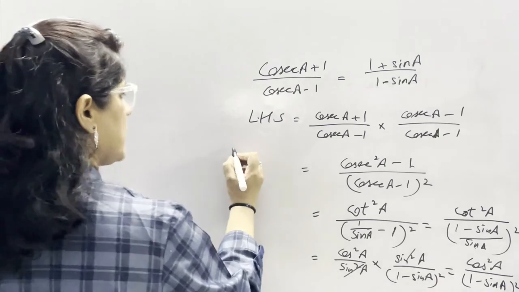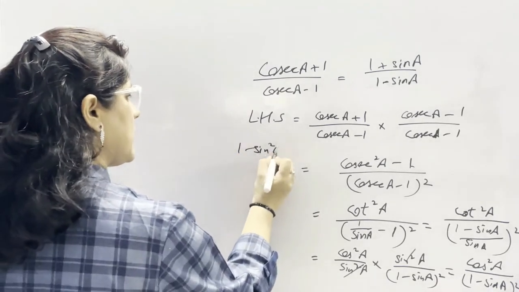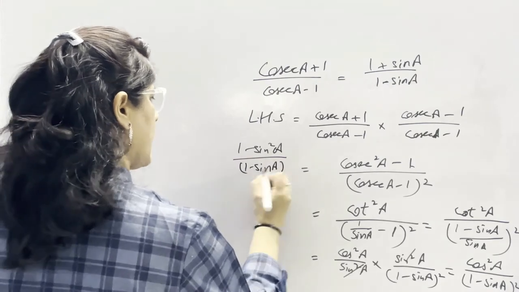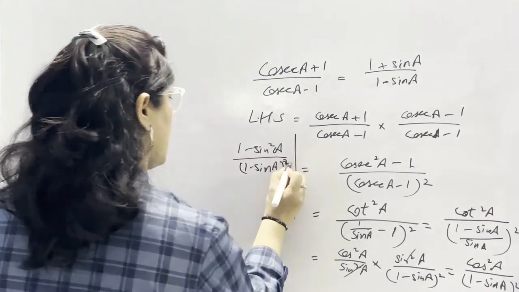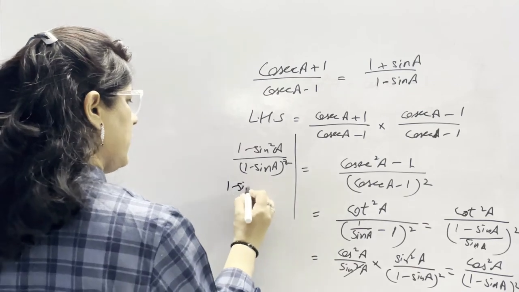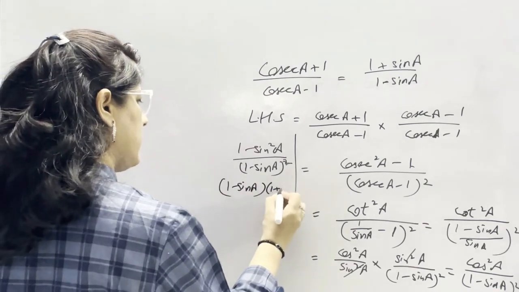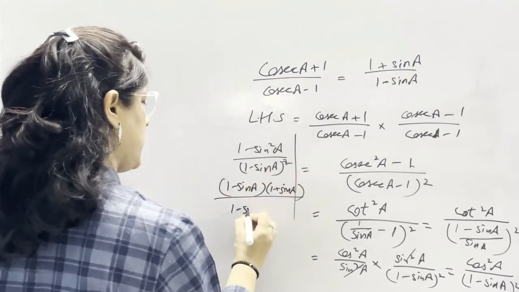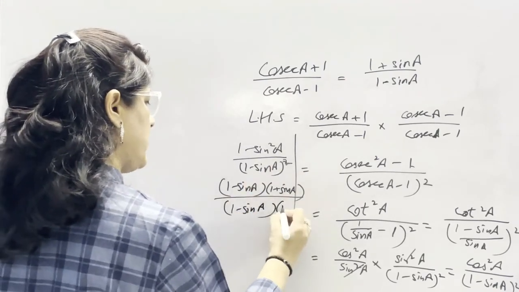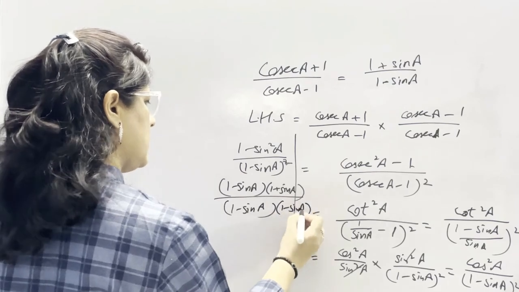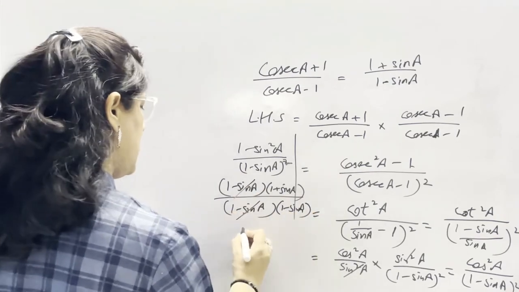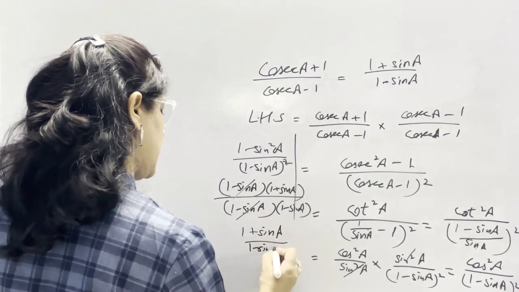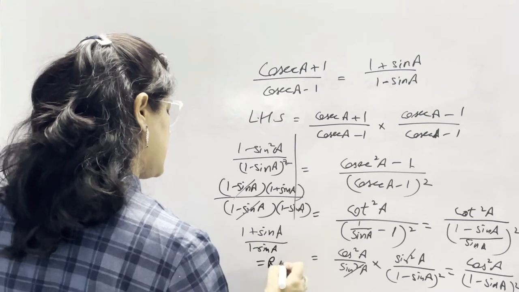Now we know that cos square is equal to 1 minus sin square A, upon (1 minus sin A) whole square. Now 1 minus sin square A is (1 minus sin A)(1 plus sin A), A square minus B square. In the denominator, 1 minus sin A appears 2 times because the square is there. So we can cancel, and 1 plus sin A upon 1 minus sin A is our RHS.